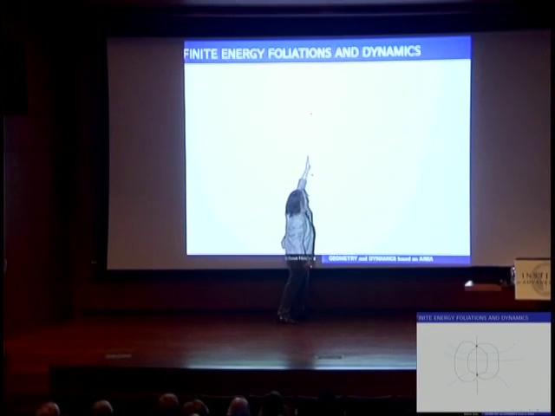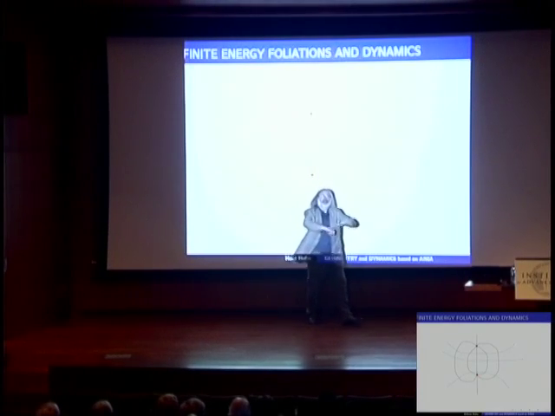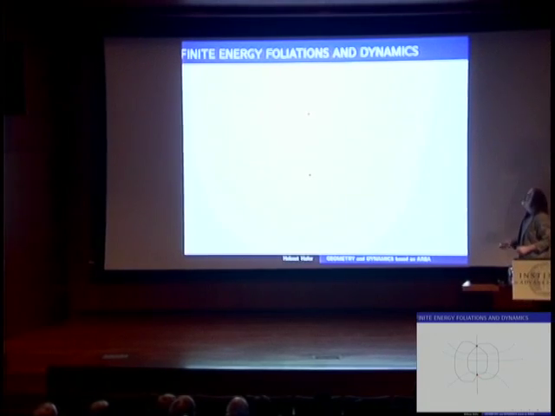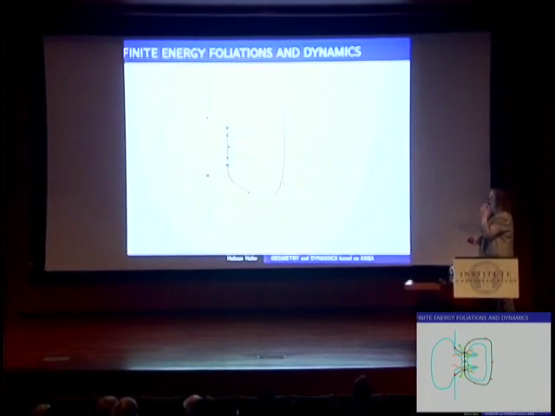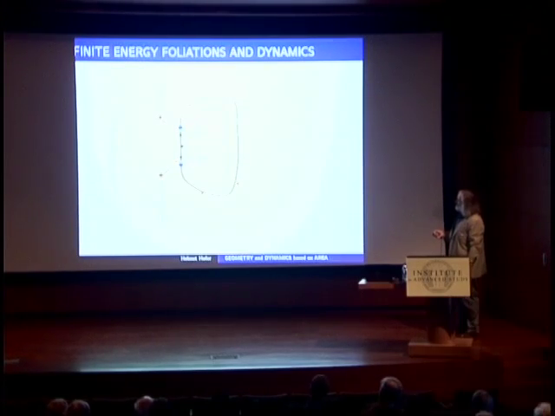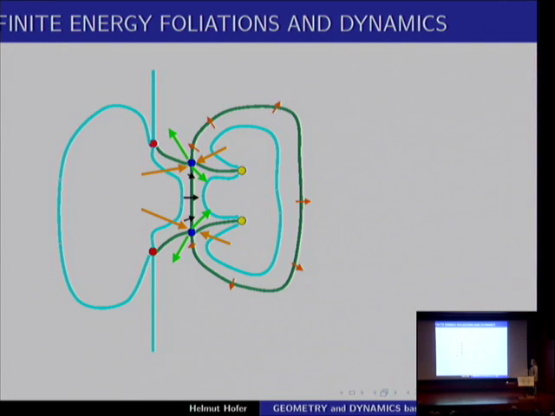And then if you move the surface by pushing it forward along the flow lines, you get different surfaces, and they all exhaust the space. And the generalization produces pictures like this. And if you have this kind of picture, you understand where, for example, the chaos comes from. Chaos comes from things like this.